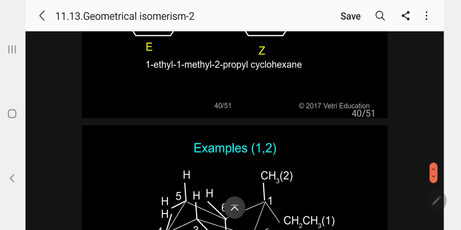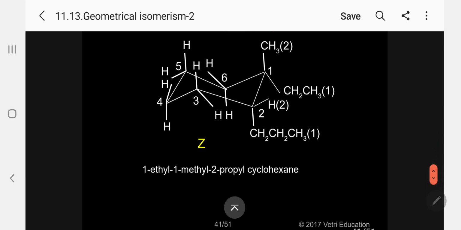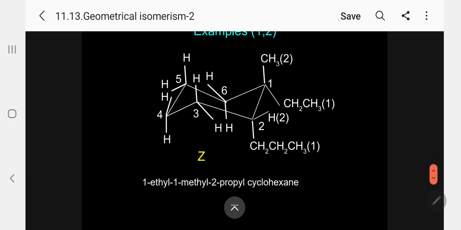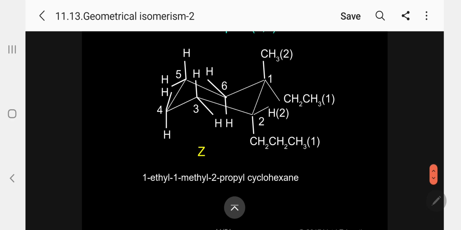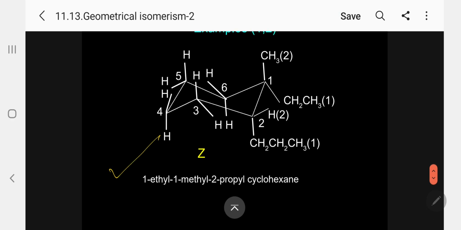So even for this one, we can apply it. This is the specific example in the chair form. Kindly follow: 1-ethyl is in the equatorial, 1-methyl is in the axial, then 2-propyl is in the axial, and the cyclohexane hydrogen is in the equatorial. So this is called Z. Why are we calling it Z?